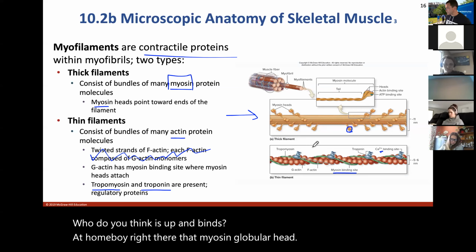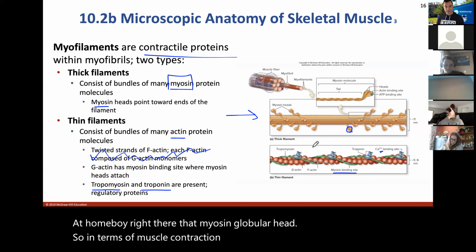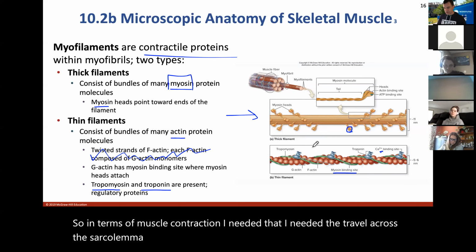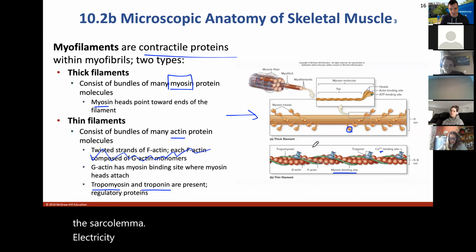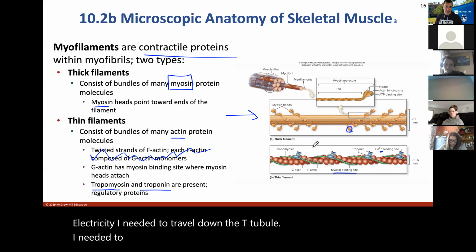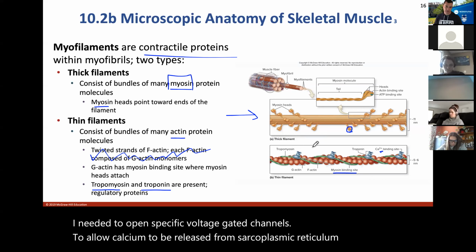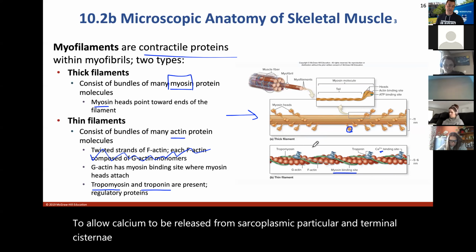So in terms of muscle contraction, I needed to travel across a sarcolemma, electricity. I needed to travel down the T-tubule. I needed to open specific voltage-gated channels to allow calcium to be released from sarcoplasmic reticulum and terminal cisternae. I need that calcium to be entering into the sarcoplasm.